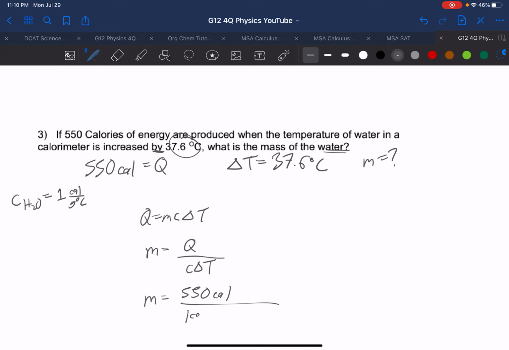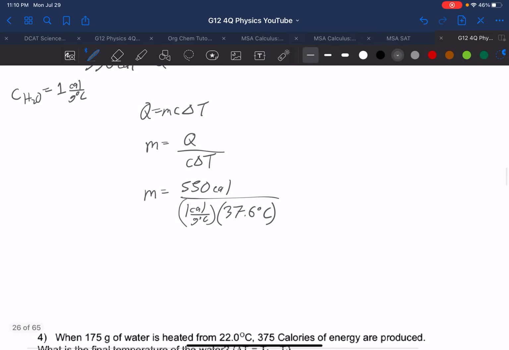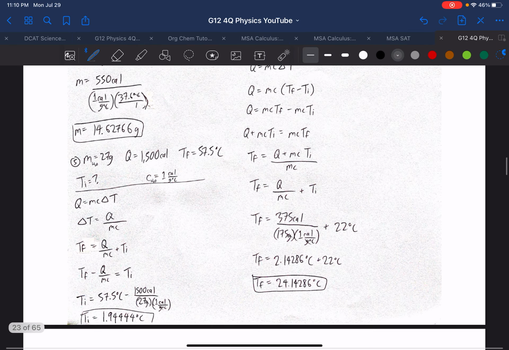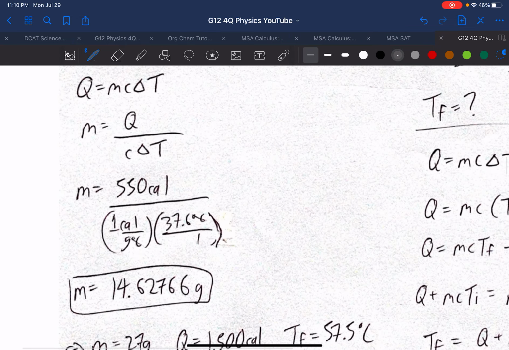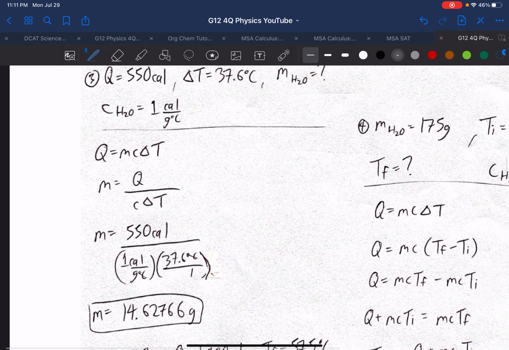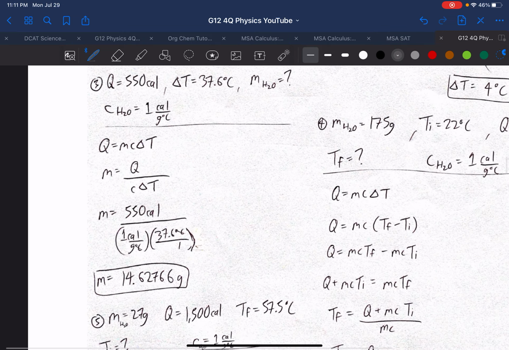C is 1. Change in temperature is 37.6 degrees Celsius. 550 over 37.6 is what? 14.62766.